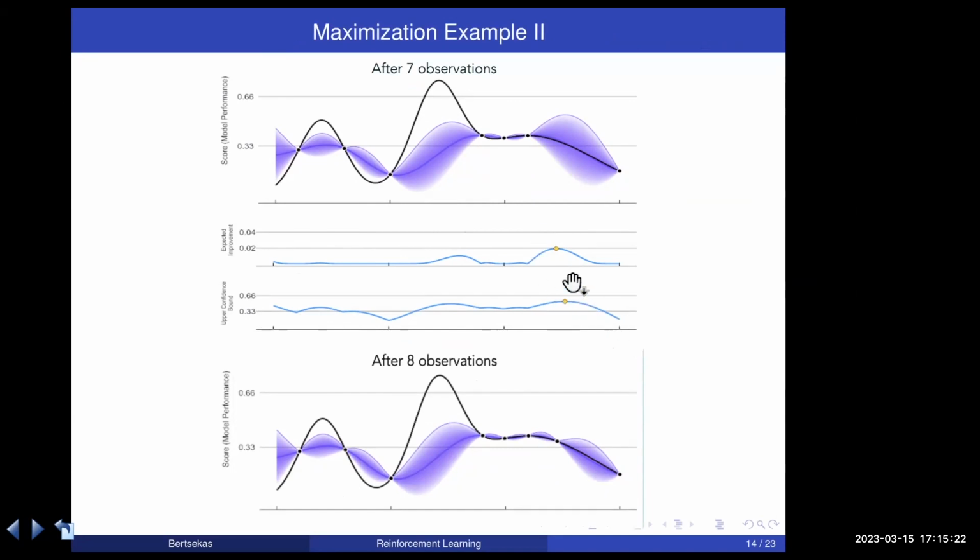They are again close. And the expected improvement prefers this point here. It sees that the best point that we have gotten so far is right over here. It sees a little bit of a gain, like 0.02 for this point.